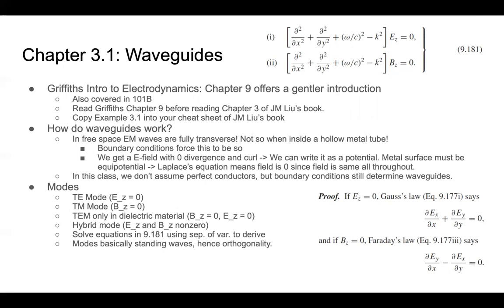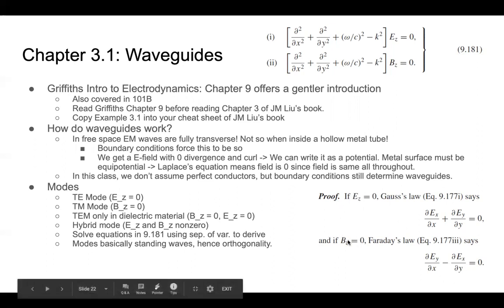And basically, let's say for the sake of contradiction we stick an EM wave inside a hollow metal tube. If we assume that we have transverse electric and transverse magnetic, then by Gauss's law, we get this equation, and by Faraday's law, we get this equation down here.